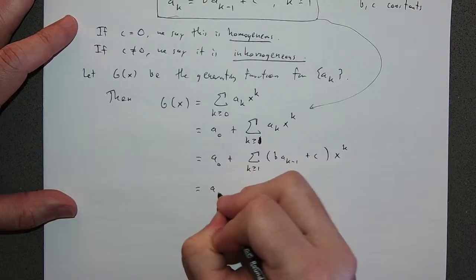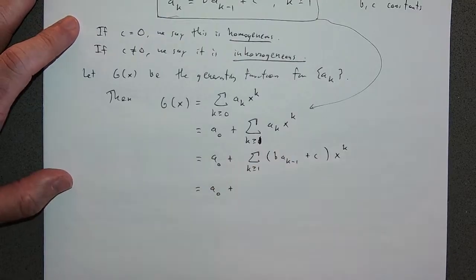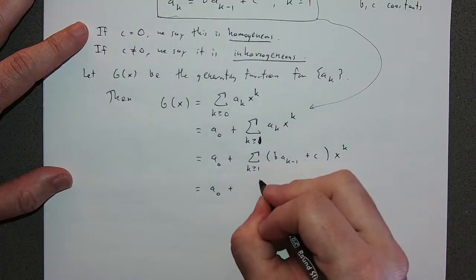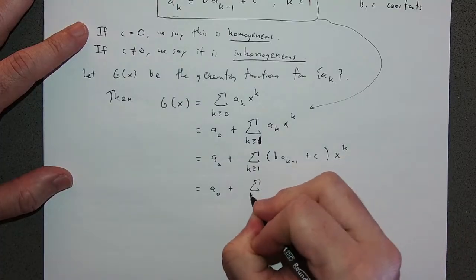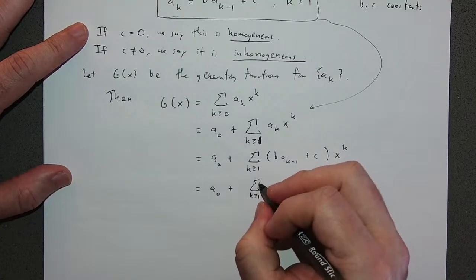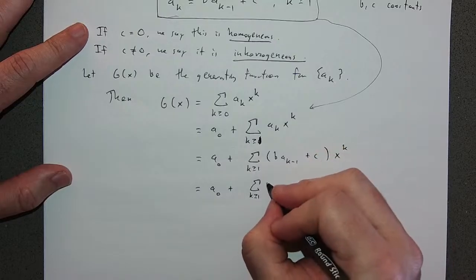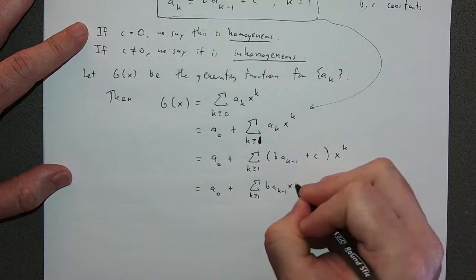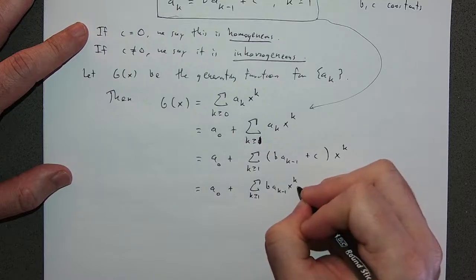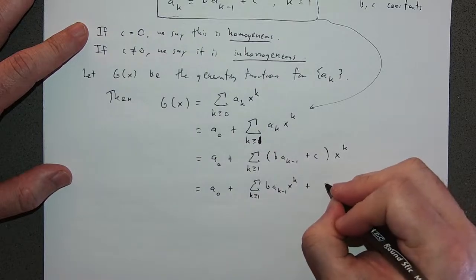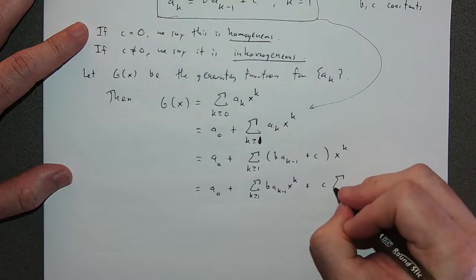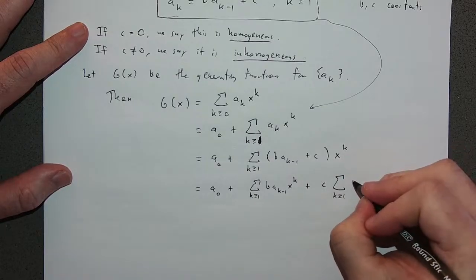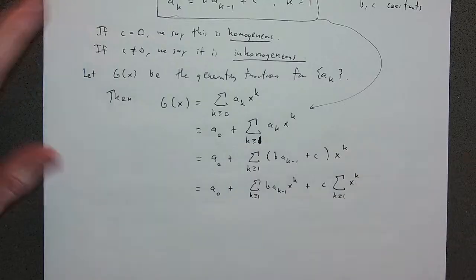So this was a naught plus, here, this is going to be the sum for k greater than or equal to 1 of b a sub k minus 1 x to the k plus c times the sum, for k bigger than or equal to 1, of x to the k.